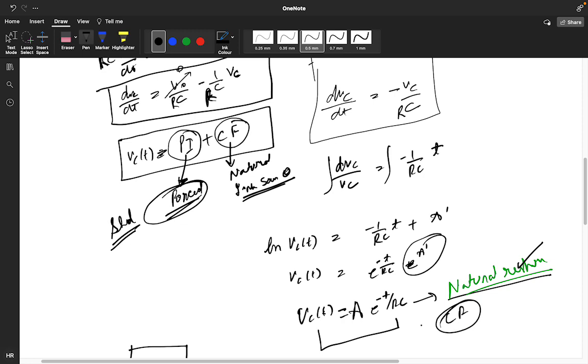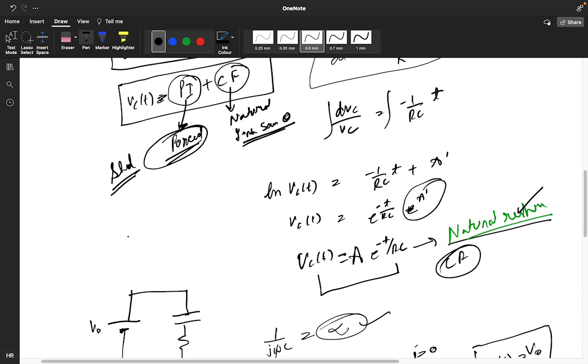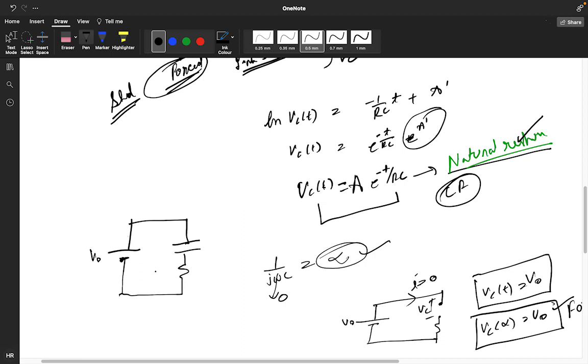But for the forced response, we have to do steady state analysis. At infinite time, the capacitor will store all the energy, so its voltage will become V0, and V0 minus V0 means the current will be 0 only.